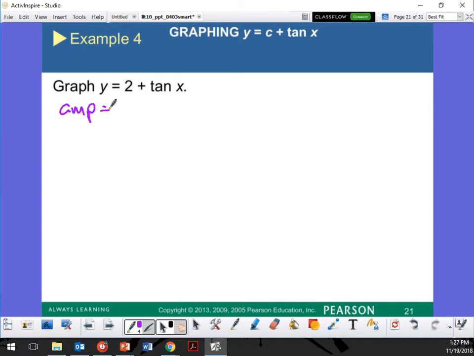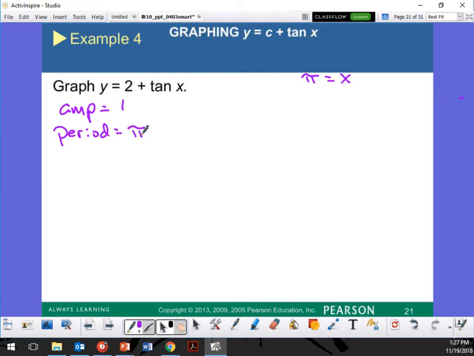So my amplitude is... my period is just going to be, what do tangent and cotangent always start with? Pi. So it's pi. Pi equals x, right? Because there's no number in front of that, is there? So my period is just going to be pi.